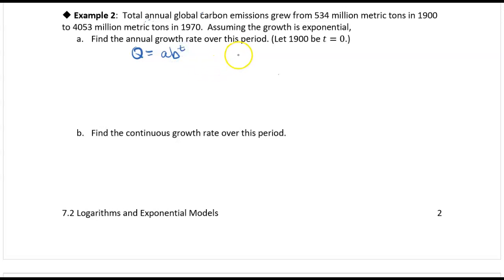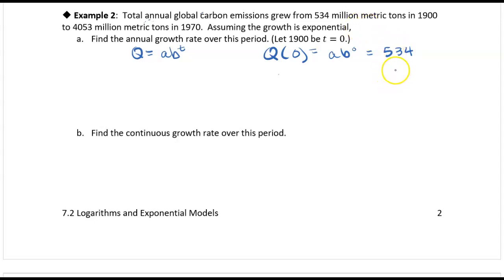Okay, now if we take 1900 to be t equals 0, then we know that Q at that time, at t equals 0, is equal to A, B to the 0. B to the 0 is 1, and we know that at that time there's 534 million metric tons.